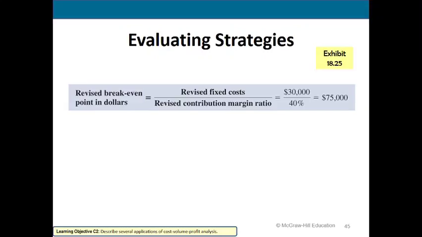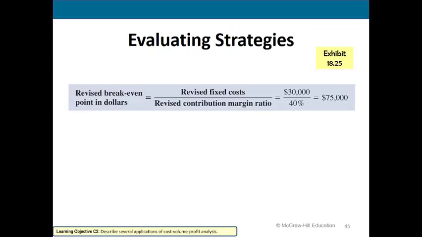All right, so next we want to talk about evaluating strategies. Here, in this example, Rydell is considering buying a new machine that would increase monthly fixed cost from $24,000 to $30,000. So that's why you see 30,000 there in that example.